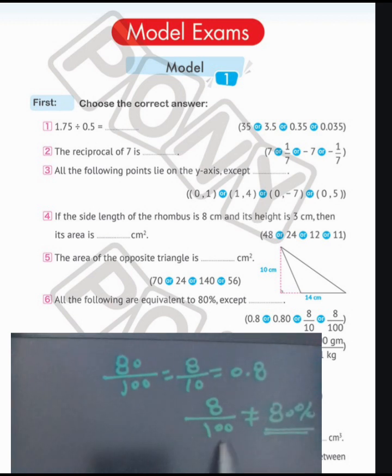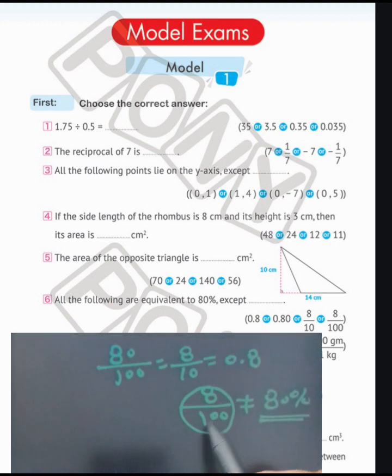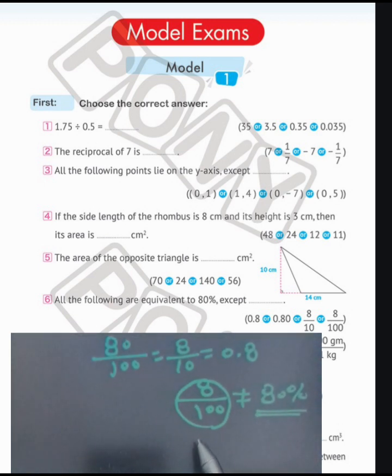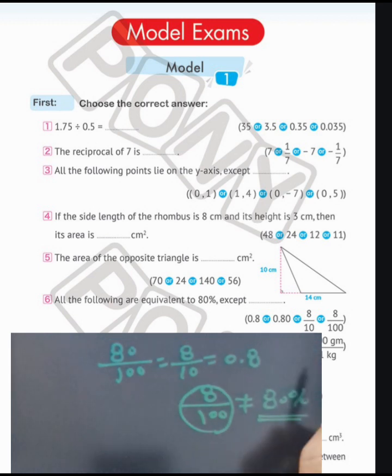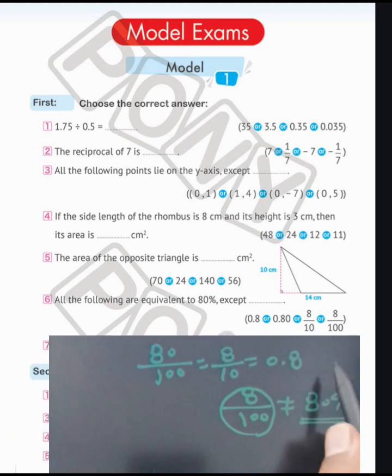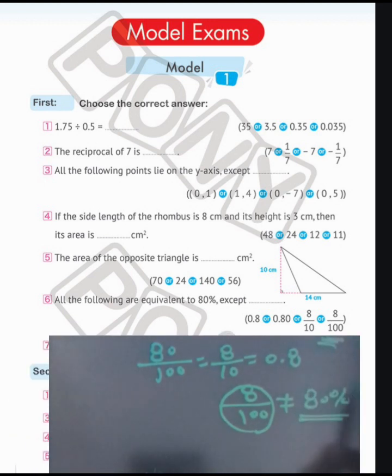Not equivalent. Then we must choose 8 over 100. You want to find which of the following is not equivalent to 80%. Except 8 over 100. You must choose 8 over 100. This is the last solution, choose this, okay?